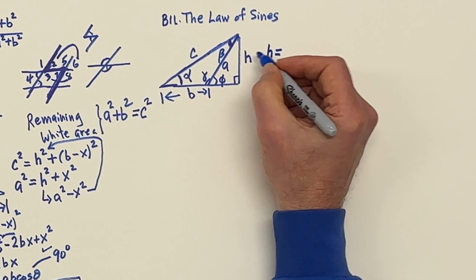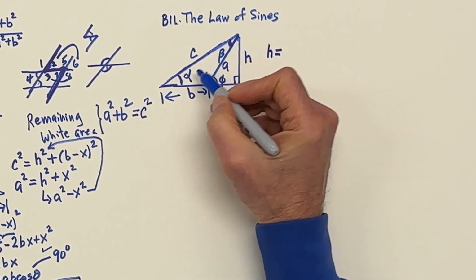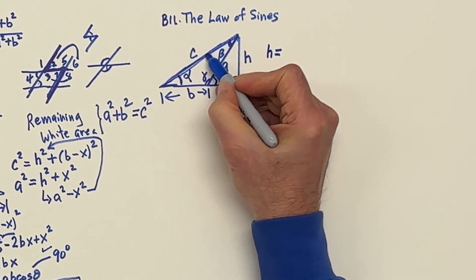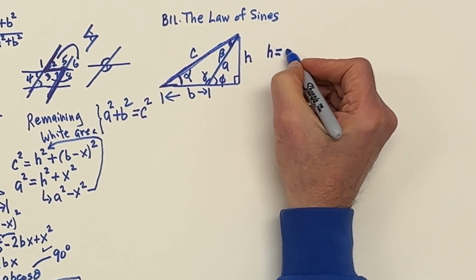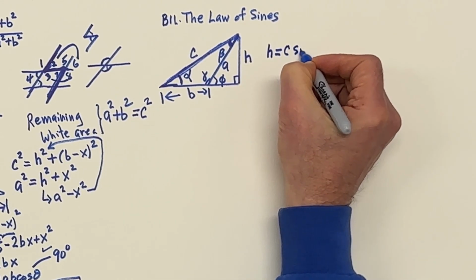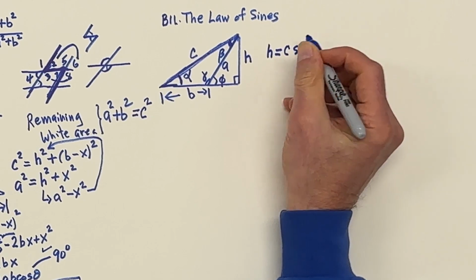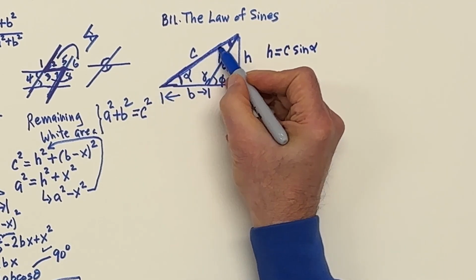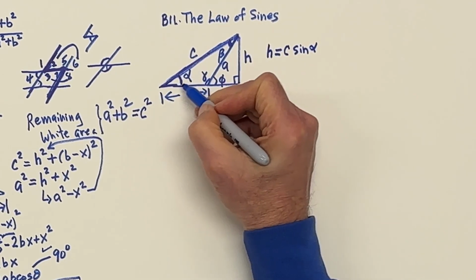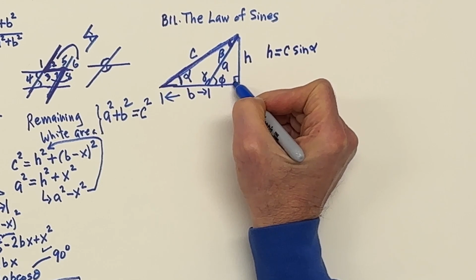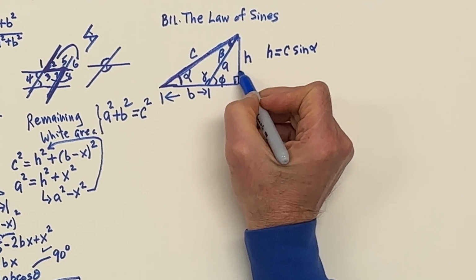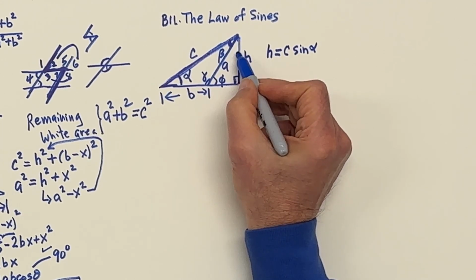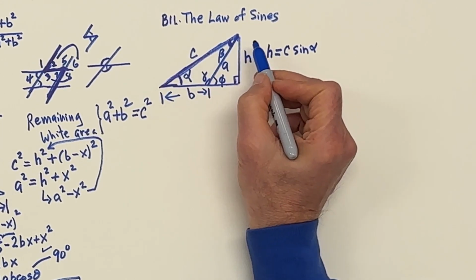So what we're going to say here is we're going to start by saying that H is equal to C, the hypotenuse, times the sine of alpha. All right, now let's look at this again a little more carefully. If you look at this big triangle here, it's a right triangle, and the opposite side for that alpha is H, and this is the hypotenuse.